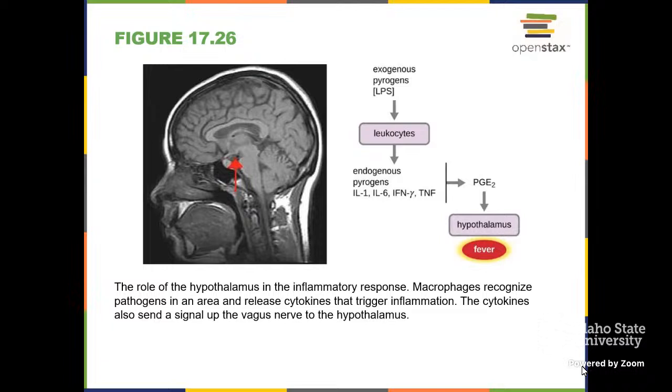But another part of a response could be some fever production. So ramping up that thermostat, getting the heat going, could potentially lend to some inhospitable environments for some of these organisms, all right?